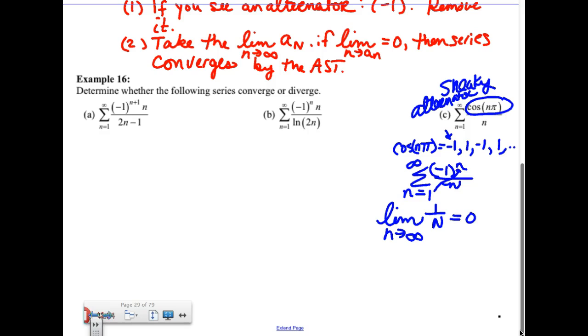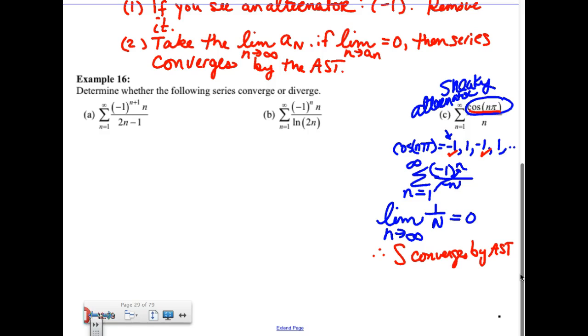But in the presence of the alternator, the every other term subtraction will cause the series to go to 0 fast enough to converge. And I've said that a lot, but I'd like you to understand the theory behind the test instead of just trying to memorize tests, it really does help. So because that limit goes to 0, in the presence of an alternator, we would say therefore S converges by the alternating series test. It's a very, very easy test to run.